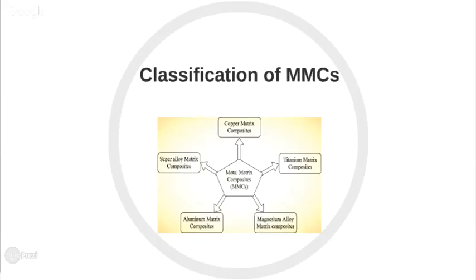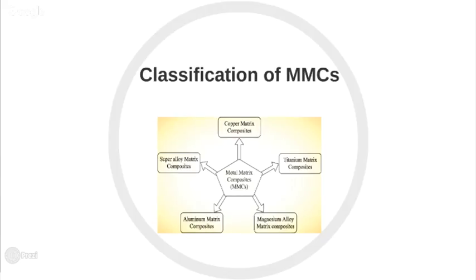And some secondary reinforcement is used, such as graphite, to increase the machinability or machining characteristics of that component. That's why we call them primary reinforcement and secondary reinforcement. The composite made with the help of these reinforcements we call a hybrid composite.